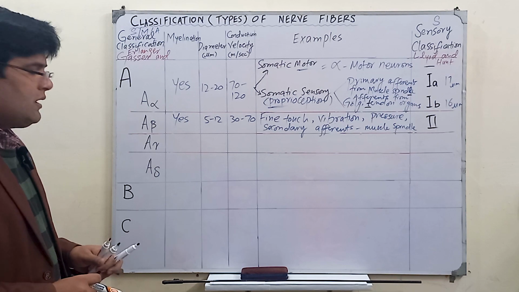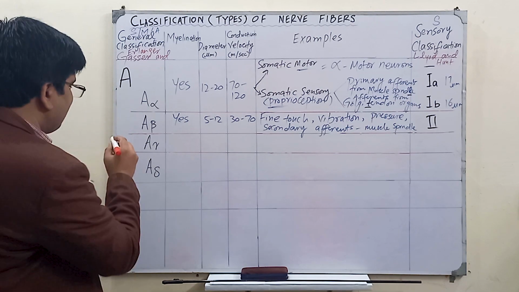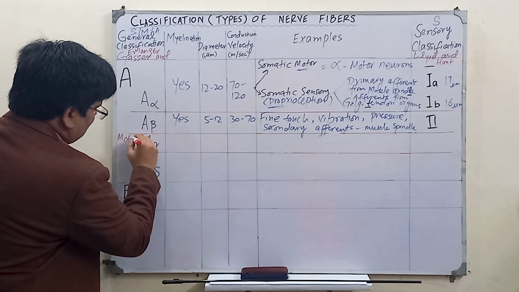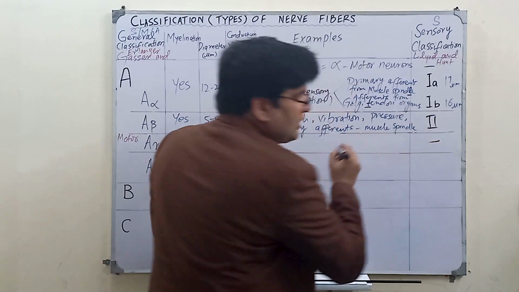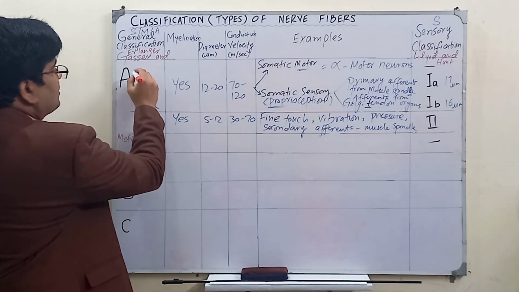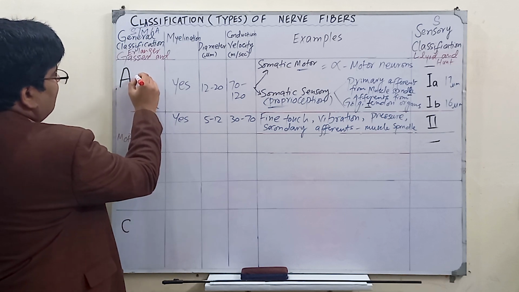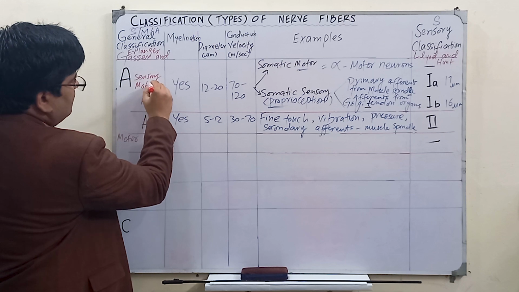A gamma nerve fibers are purely motor types of nerve fibers. So it means they will not come in this sensory classification. A alpha types of nerve fibers are both sensory as well as motor.